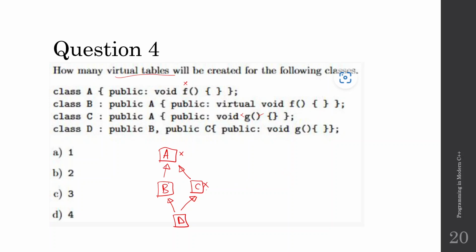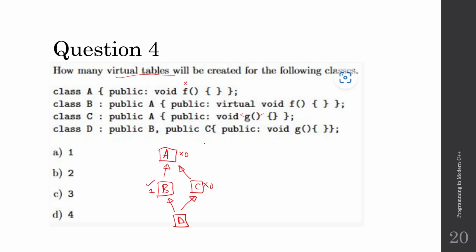Next we come to class B. B inherits from A, and it converts f into a virtual function. So B will have one virtual function. So when we have zero virtual functions, we have no VFT. B has one virtual function, so it will have a VFT.